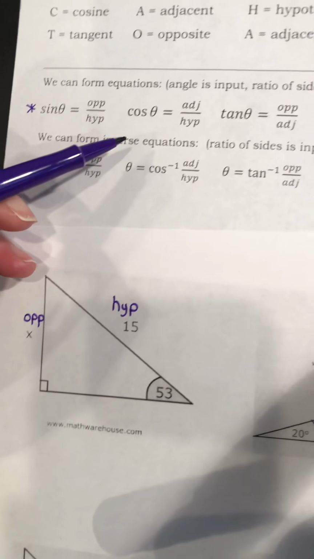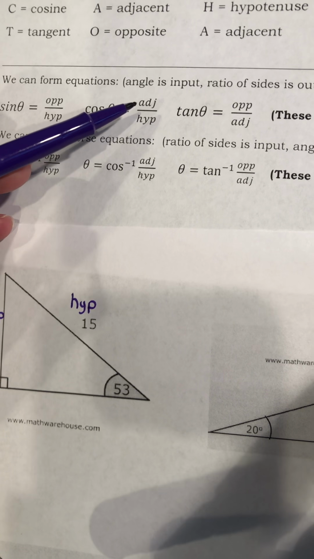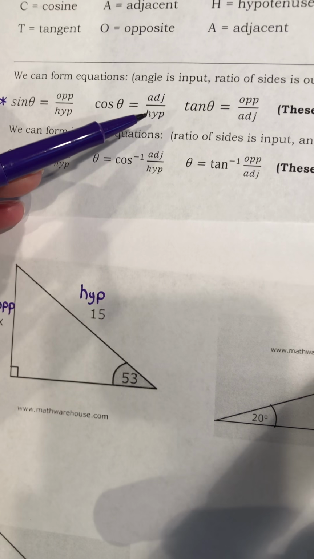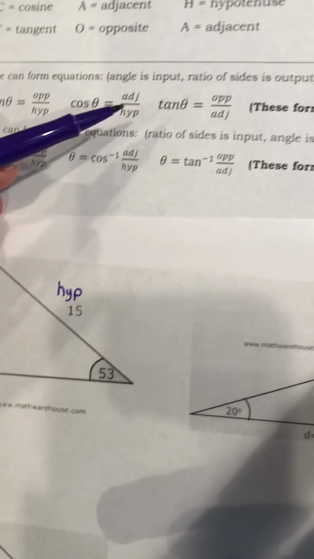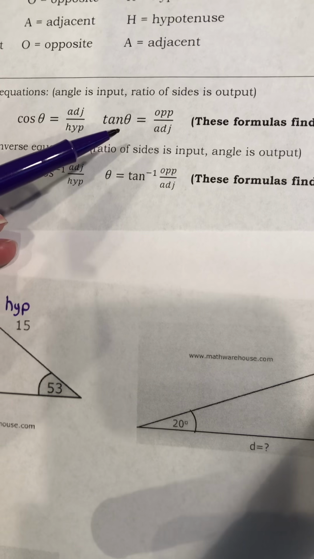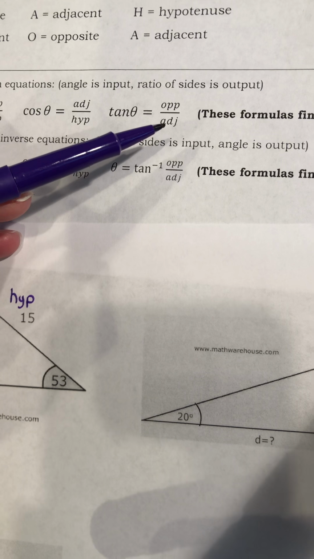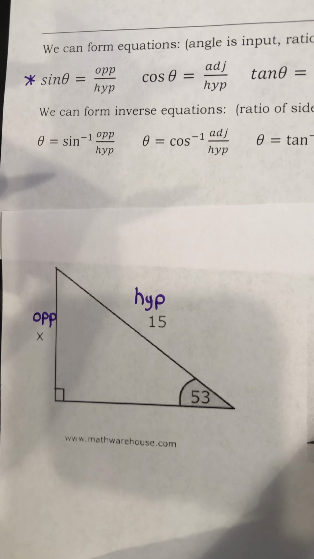I would not want to use cosine, right? Because I am not given the adjacent side. And if I am not given the adjacent side, there's no point in using that formula. Again, tangent would also not work because I don't have the opposite and the adjacent side. So my best bet is to use the sine of theta.